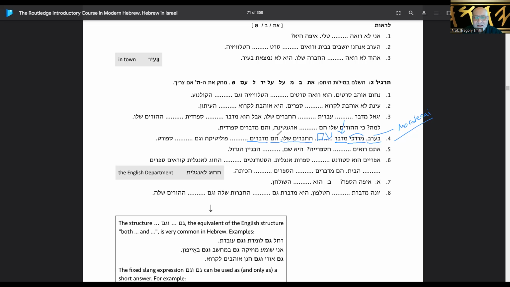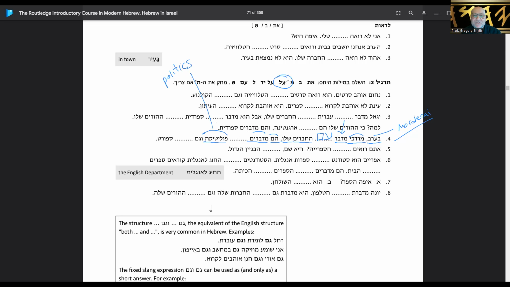Him medaberim, okay, so they are speaking blank politica, look at that, politics. They are speaking about, so I bet you it's going to be this one right here.